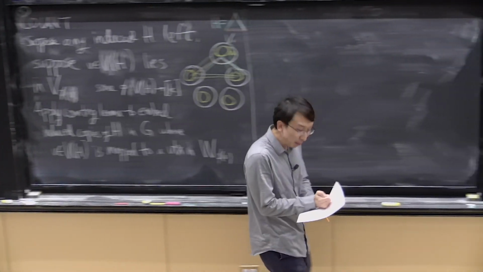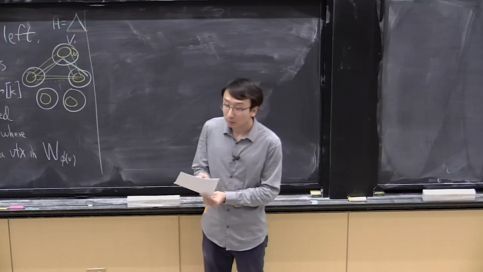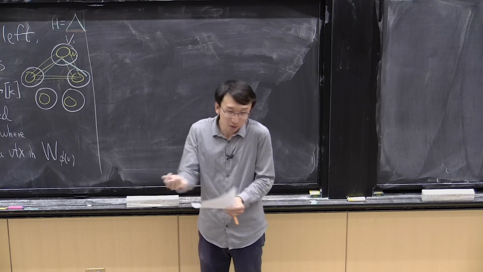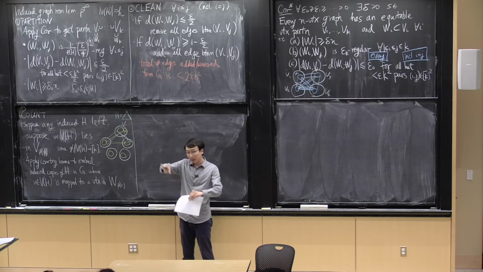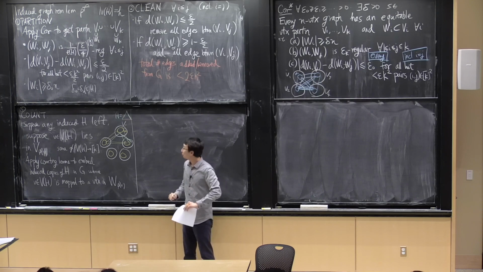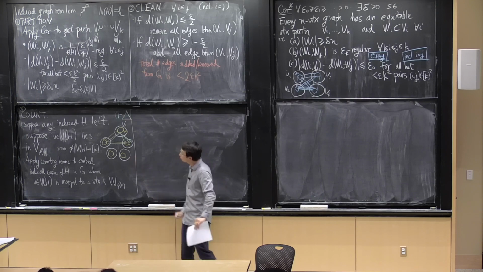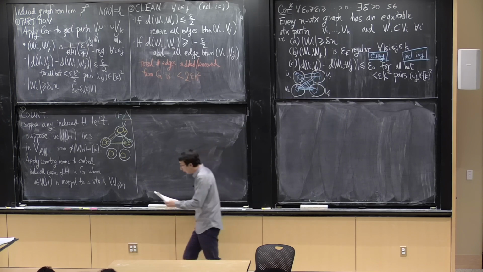The counting lemma, or rather some variant, but you can actually read the counting lemma that we did last time and view it as a multipartite version. Apply this part to part.